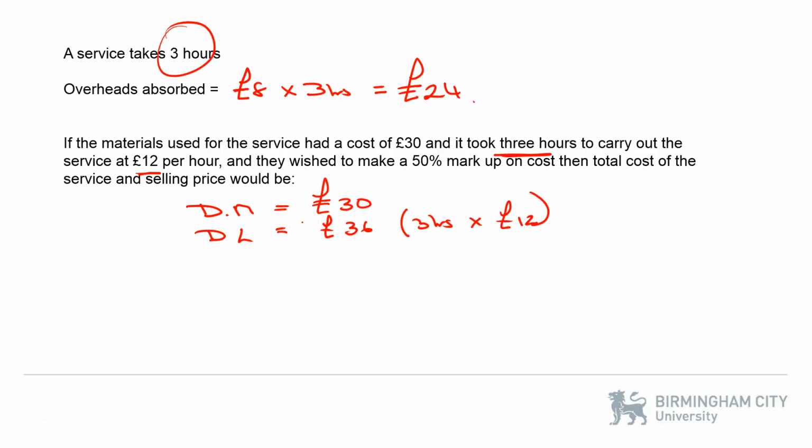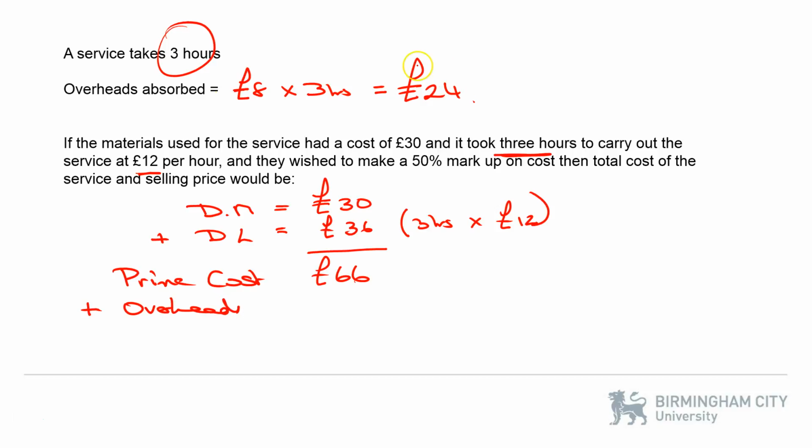There are no direct expenses, so if we add these two together, we have the prime cost. £66. Now we need to add the overheads.